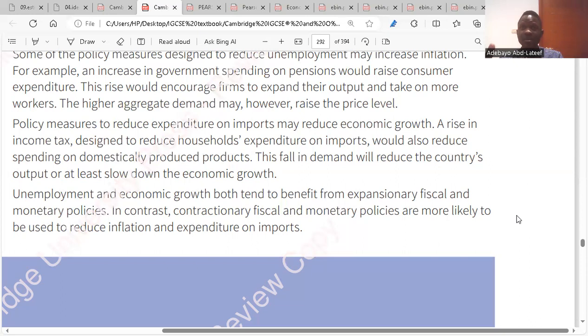I said government wants to increase economic growth and at the same time reduce unemployment. Government can use expansionary fiscal policy to do this. For that, they have to reduce interest rates or increase subsidies, or reduce taxes. Reducing taxes will mean that corporate tax would reduce. Firms will have more profit and will be encouraged to increase their output.